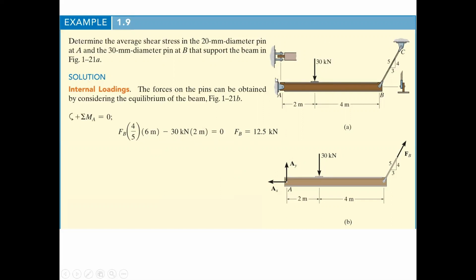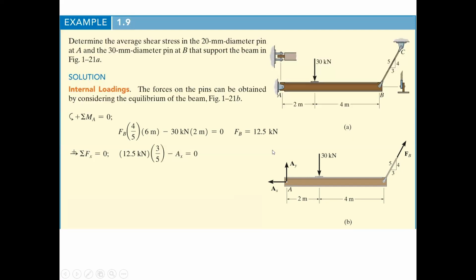So for the two-dimensional problems that we have here, we're going to use the summation of moments with the axis coming out of point A. And so that's just the 4/5 component, the vertical component of this force, times the perpendicular distance of 6 meters. And then this is the 30 kilonewtons times 2 going in the opposite direction. And so those are the only forces that go into this equilibrium equation, because summing moments about point A, we don't have to concern ourselves with AX and AY. We can solve for FB directly.